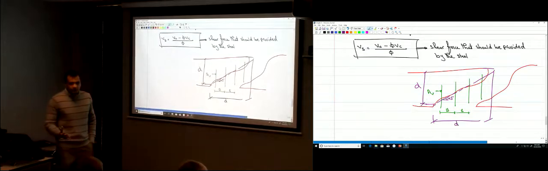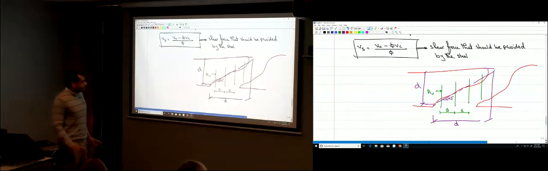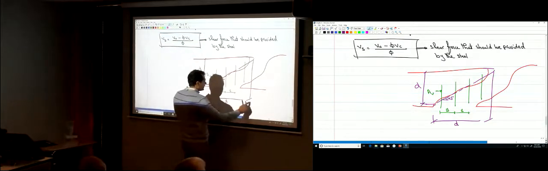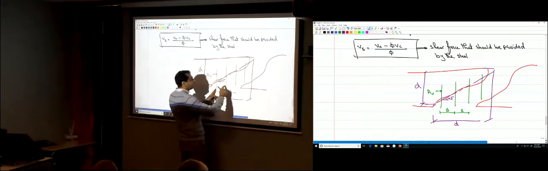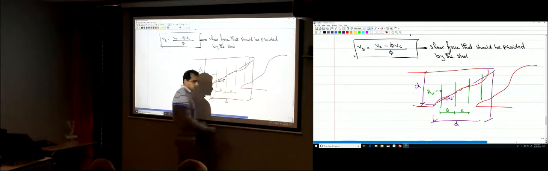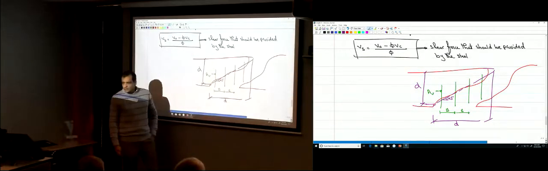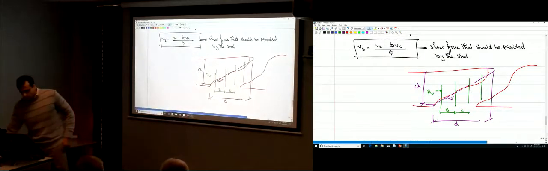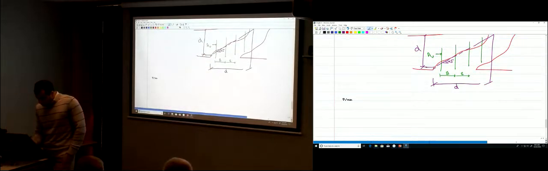It's 45 degrees, so it's 1 to 1. So the width of the crack here is d. The spacing between the bars is S, so how many bars do we have here in a distance d? If the spacing is S, how much is the number of bars crossing the crack?